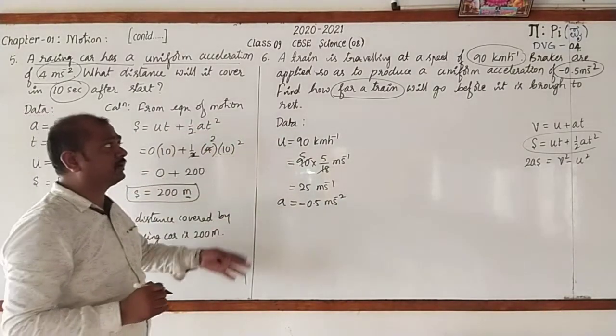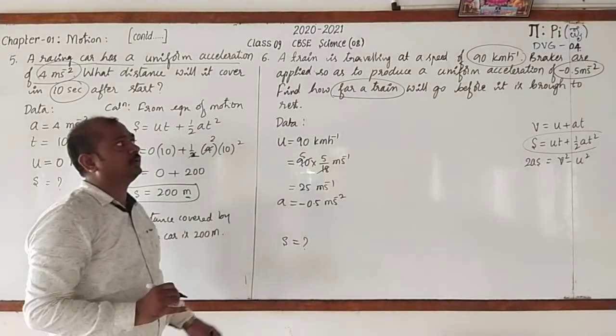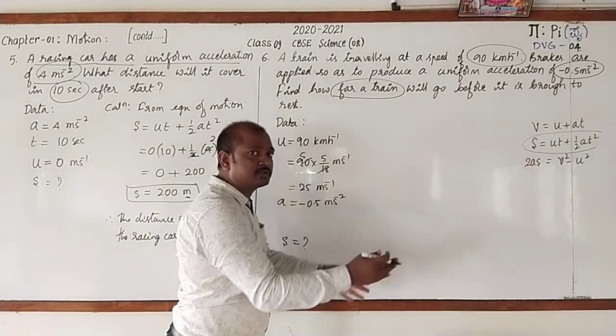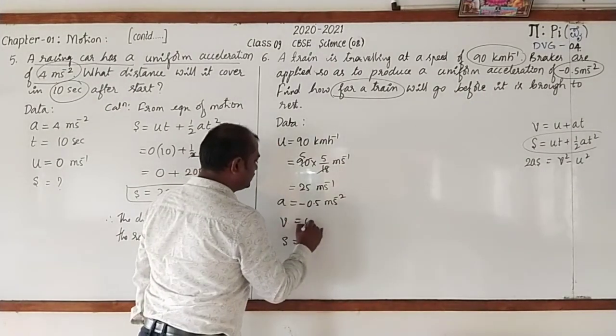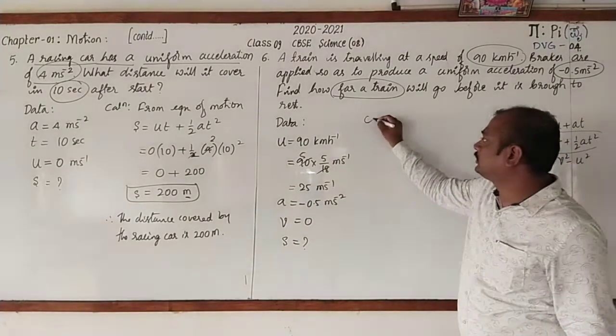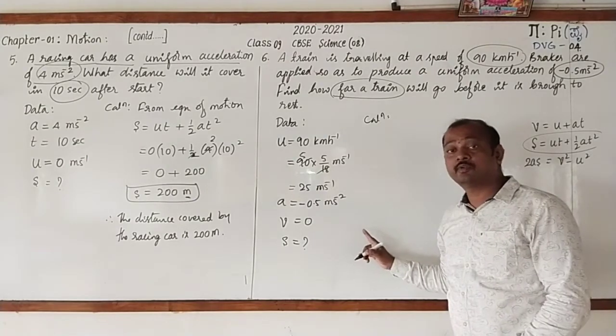Find how far the train will go, that is, s is to be found out before it is brought to rest. Means when it comes to rest, the final velocity will be 0. v equal to 0.